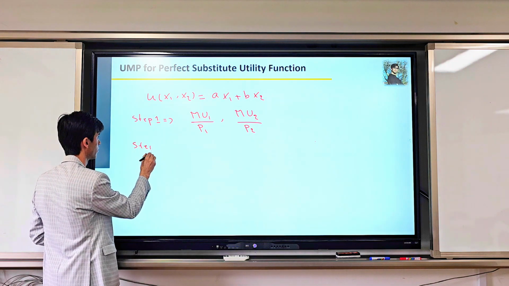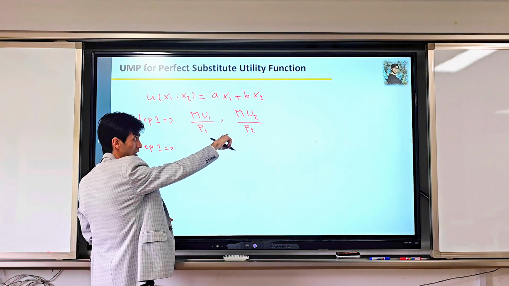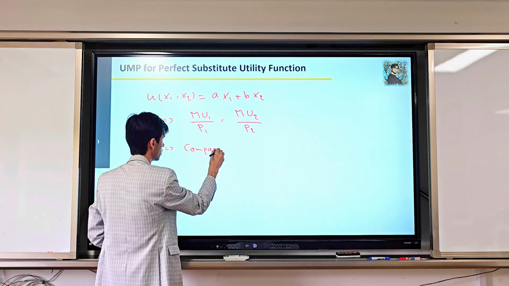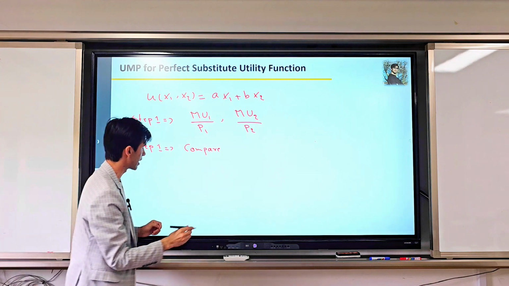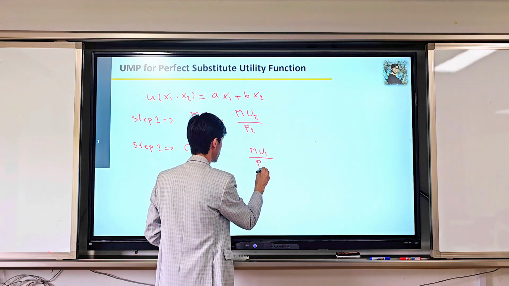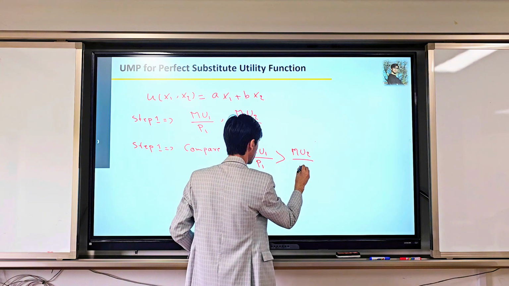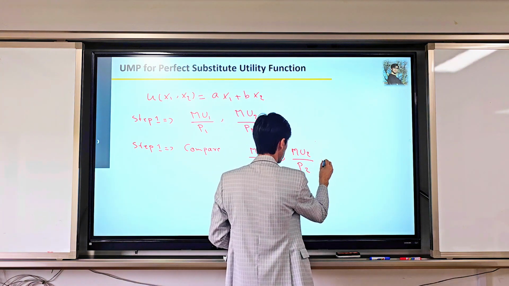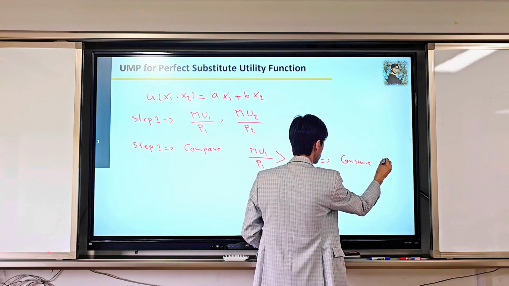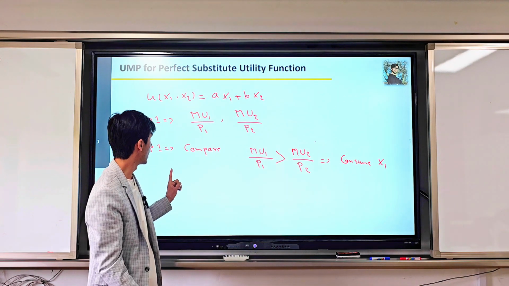The second step is to compare the marginal utility per dollar of x1 with the marginal utility per dollar of x2. If the marginal utility per dollar of x1 is greater than the marginal utility per dollar of x2, we only consume x1.